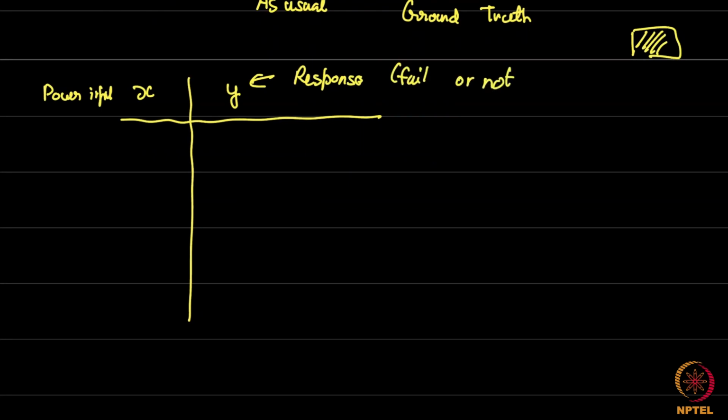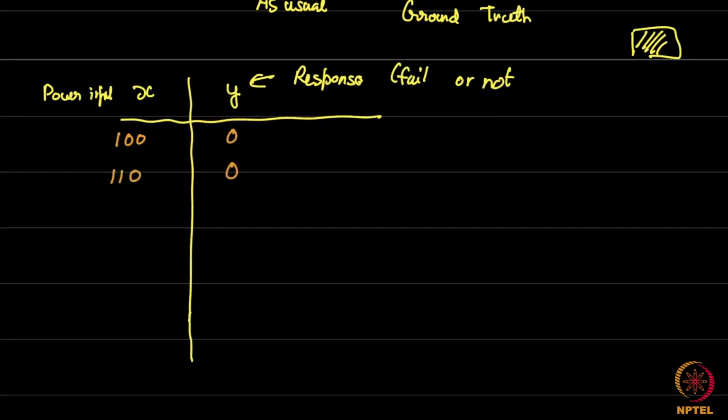So let's say we have a lot of measurements that we make while doing testing. So during testing of this chip, you collect a data set. Let's say I'm just making some numbers up. Okay, so 100 watts or something is the power which is input. This is safe. 110, this is safe.